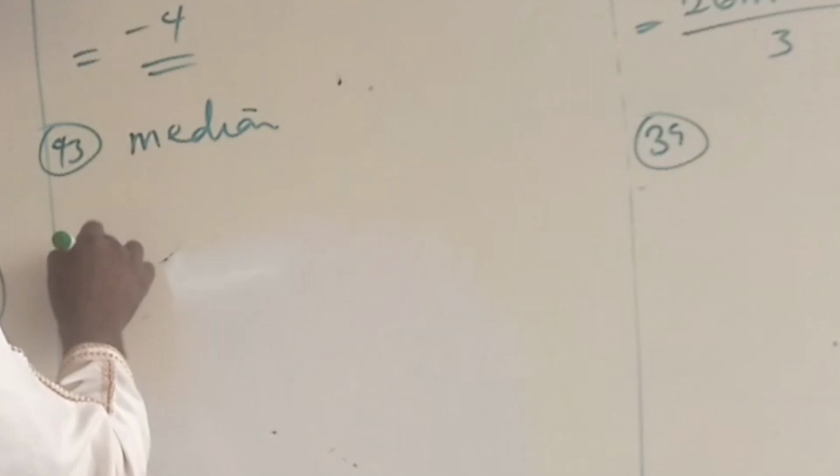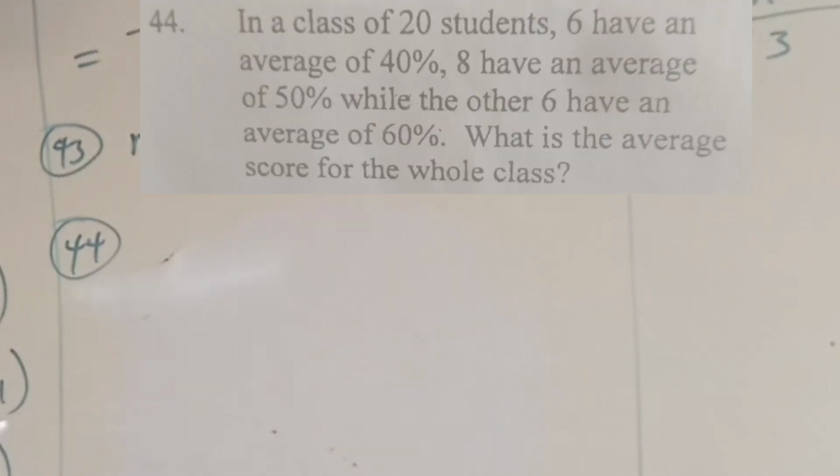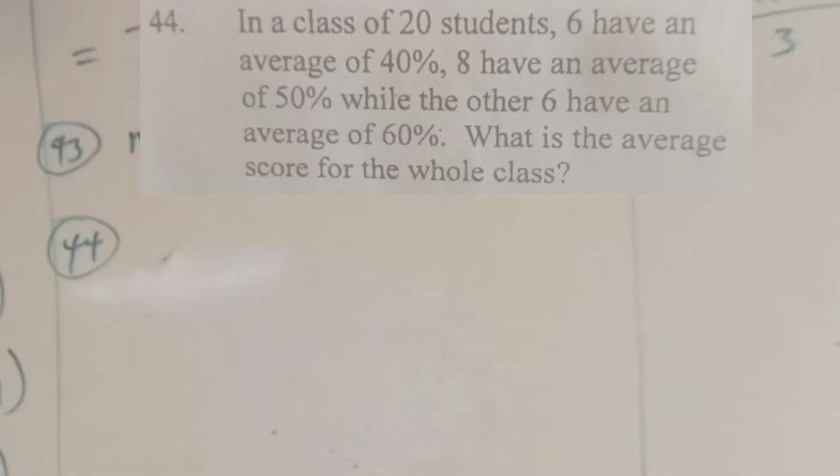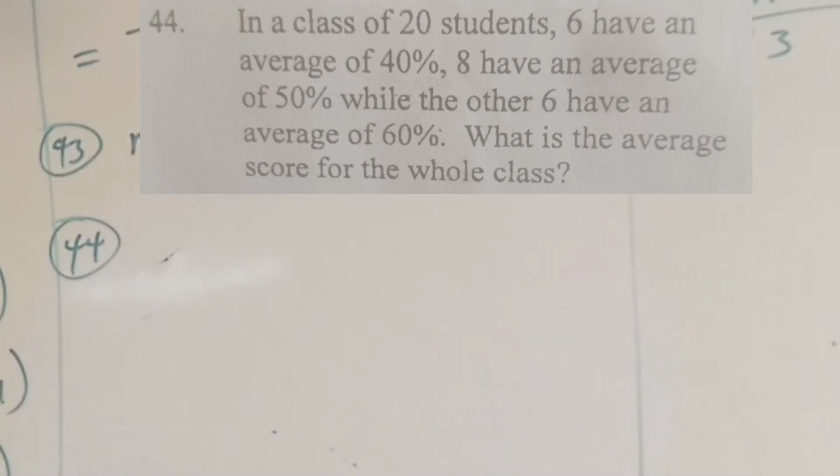Then 44. In a class of 20 students, 6 have an average of 40%, 8 have an average of 50%, while the other 6 have an average of 60%. What is the average score for the whole class? So let's add, we have how many students? 20.